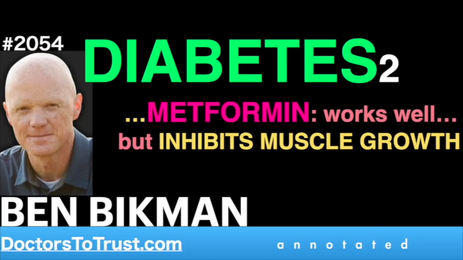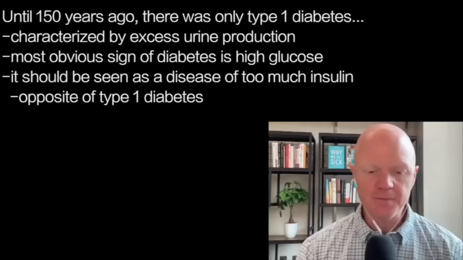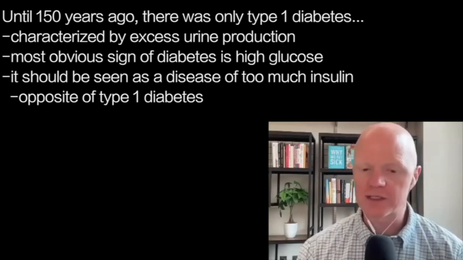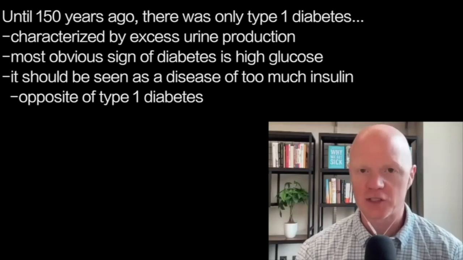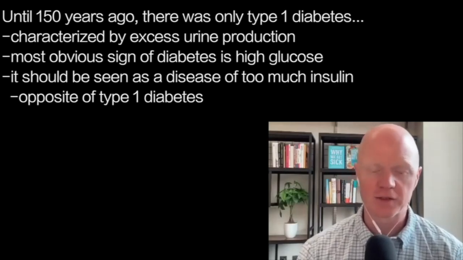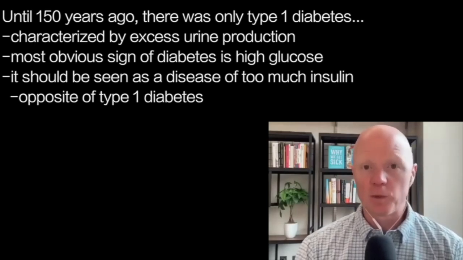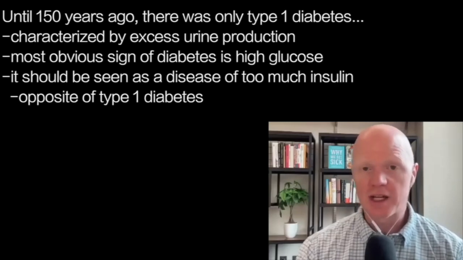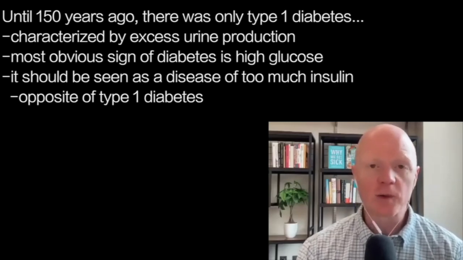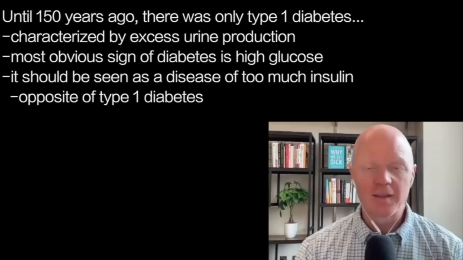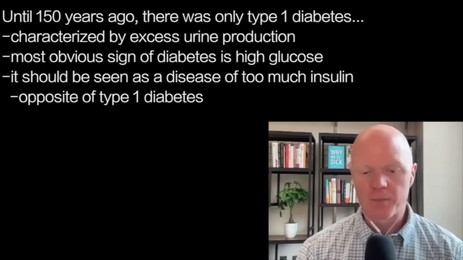Now, still, however, the problem then, to bring this back to the topic really, is that we have lumped these diseases together because the most obvious manifestation of type 1 diabetes, which historically was the only one that really ever existed until about 100-ish years ago, maybe 150 or so, was a consequence of the high glucose, namely the excess urine production, polyuria.